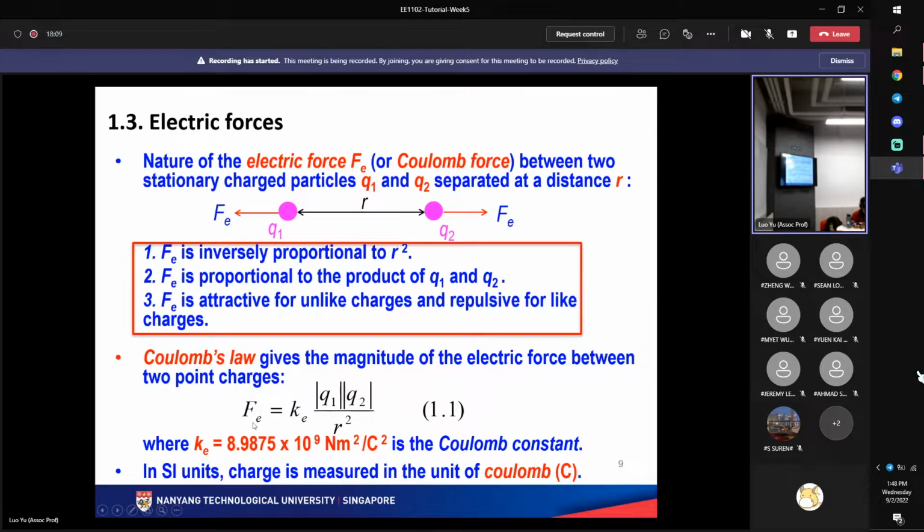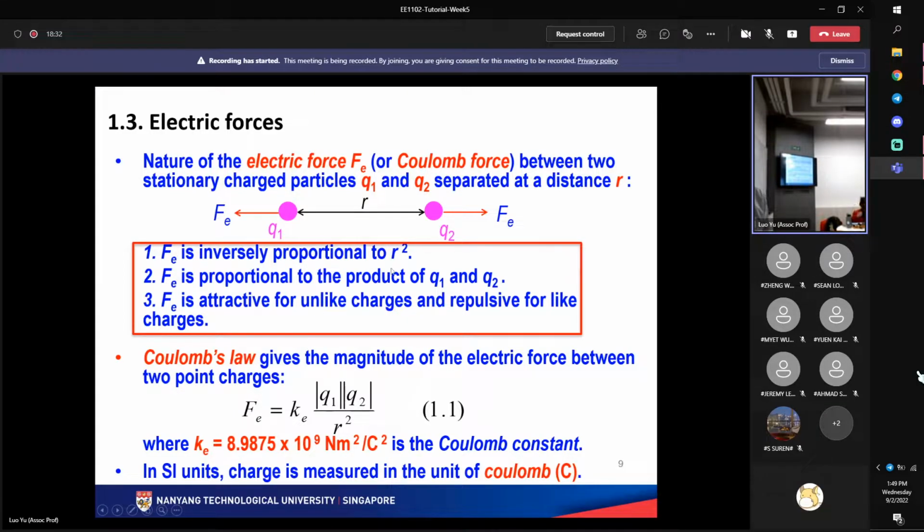F is the force between the two particles. Ke is a constant given by this number. Q1 and Q2 are the charges of each particle, and R is the distance between them. So that Fe is equal to Ke times Q1 Q2 divided by R squared. Okay, so this is Coulomb's force.